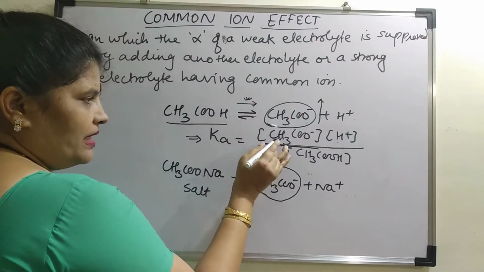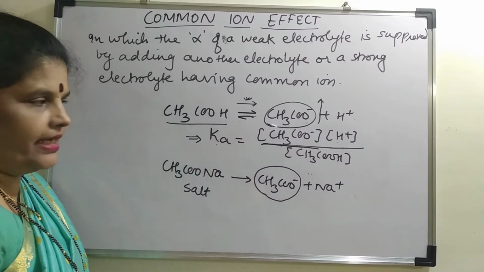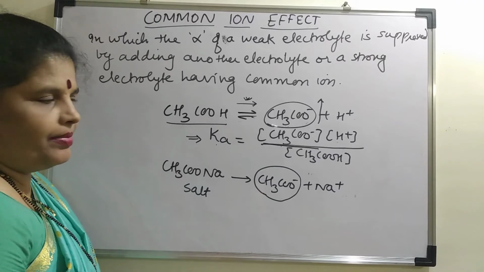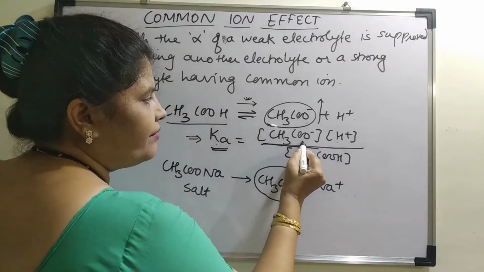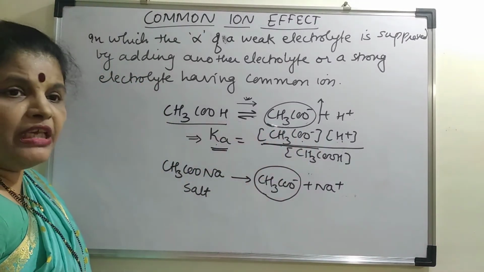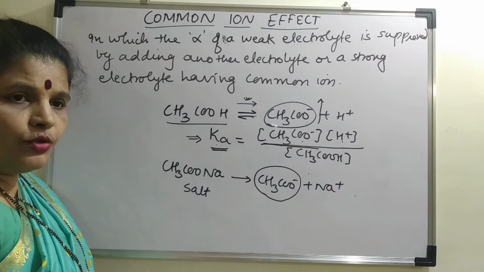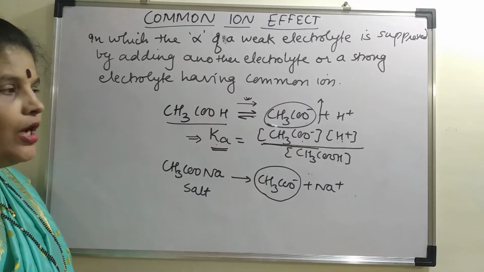And because of this increase, directly the equilibrium will get affected. According to Le Chatelier's principle, it must get re-established and therefore this will start reacting with this to give back the acetic acid. Means whatever acetic acid has dissociated, again it will form undissociated molecule.